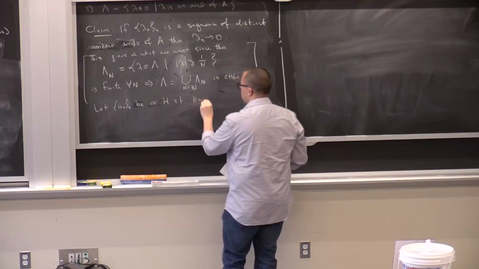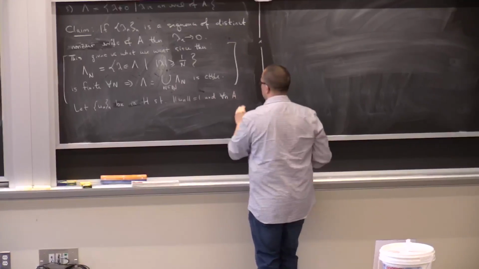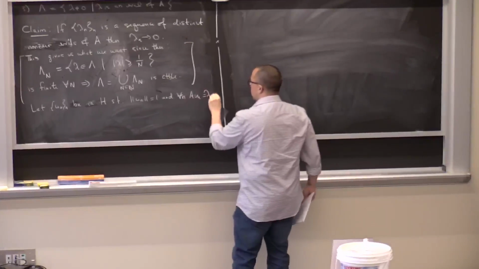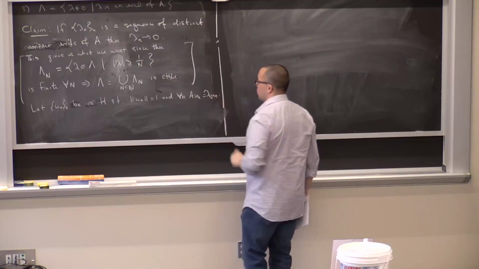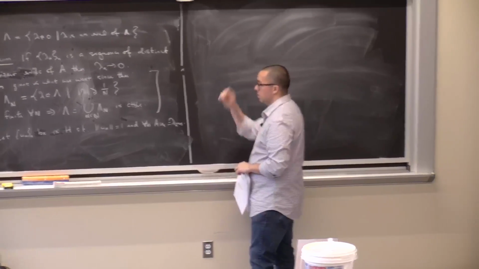So these have unit length. And for all n, A u_n equals lambda_n u_n, right? We have eigenvalues, so we can find eigenvectors with unit length.